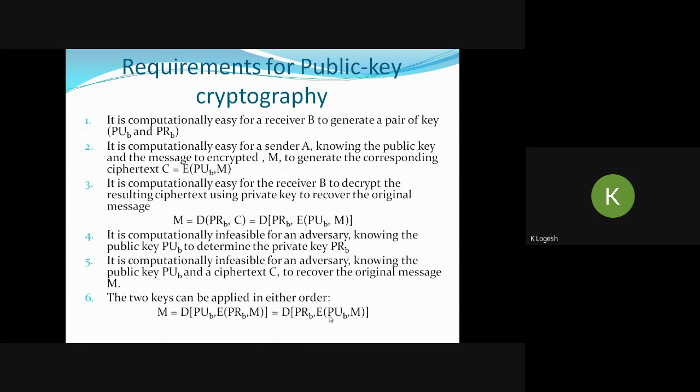So the second requirement is that once the sender knows the public key of the receiver, only then can you apply the encryption and encrypt the message. Without knowing the public key of B, you cannot prepare the message for B.